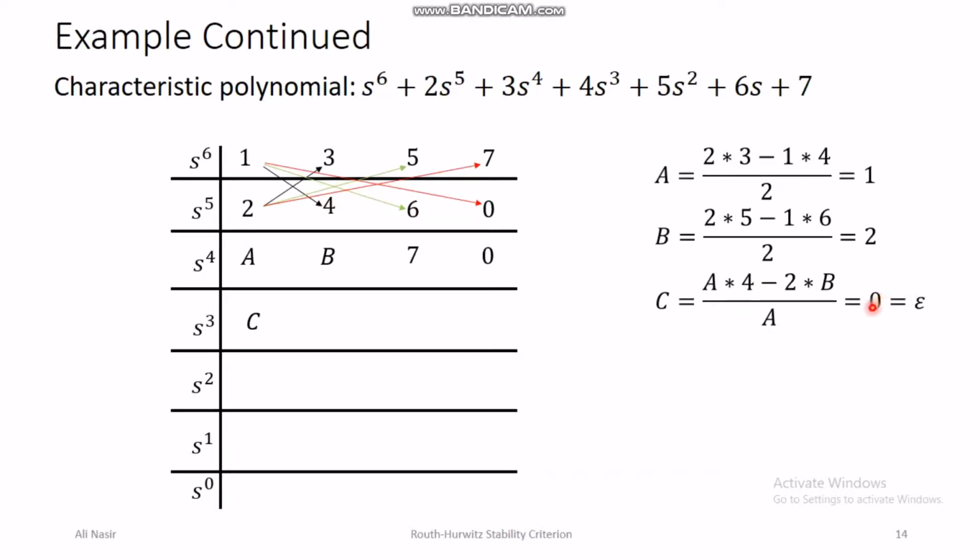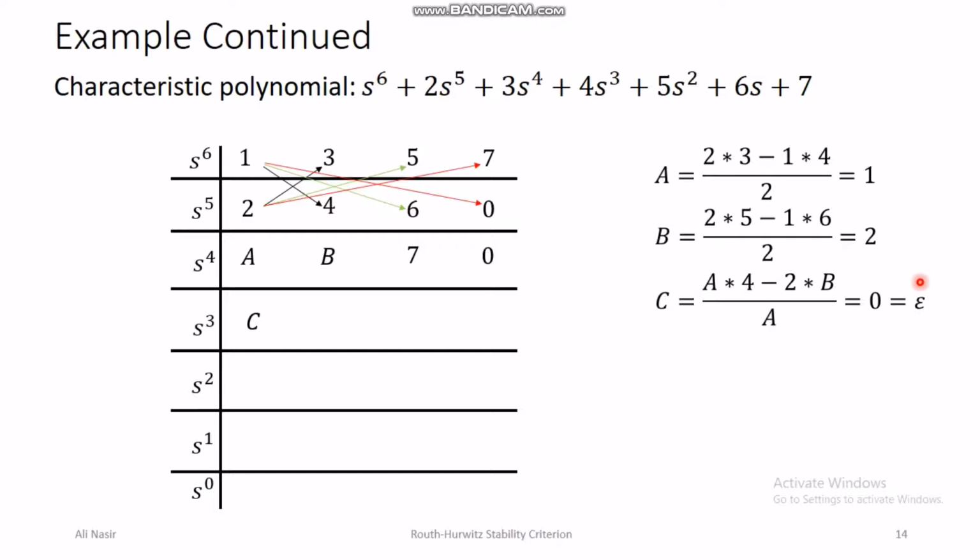And we already know how to deal with the case when the Routh-Hurwitz table encounters 0 in the first column. If there is a 0 in the first column of the Routh-Hurwitz table, this is special case 1, and in special case 1, you replace 0 with an arbitrarily small number epsilon, and you are free to choose the sign of this epsilon. You can choose it to be positive or negative, it will not affect the results.